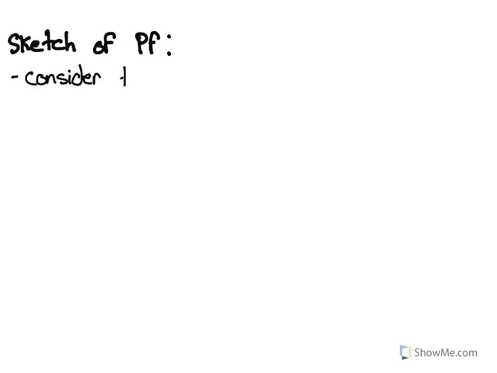And I'm not going to do a full proof here because the full proof has a lot of details which may take up too much time in the video. So instead, let me just do a sketch of the proof. So again, we're going to consider the odd partial sums.